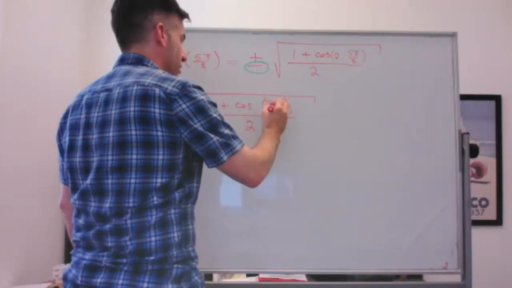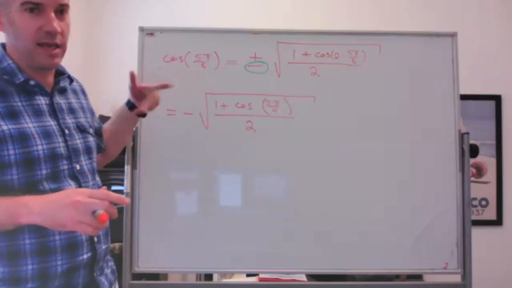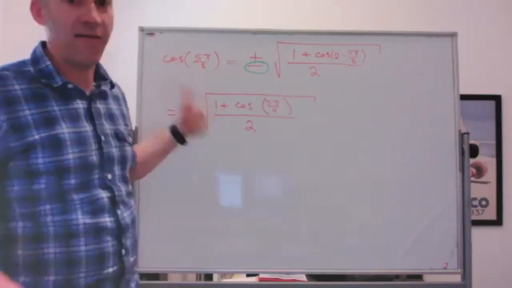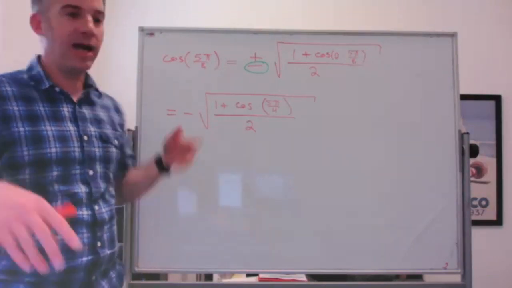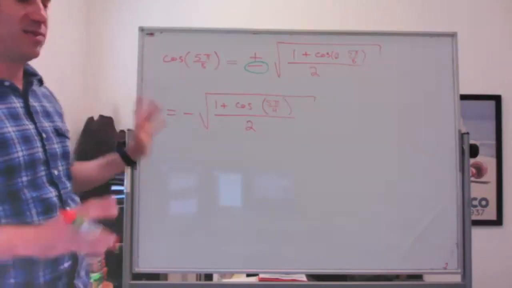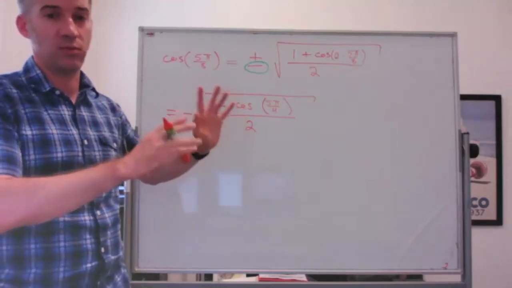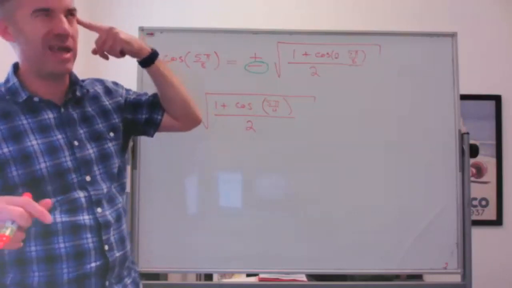Exactly. So the angle you're taking, 5 pi over 8, is half of exactly 2 times 5 pi over 8. That's why I don't like the version where it's cosine of x over 2 equals plus or minus the square root of 1 plus cosine of x, over 2. Because then you have to ask yourself, what is my angle half of?